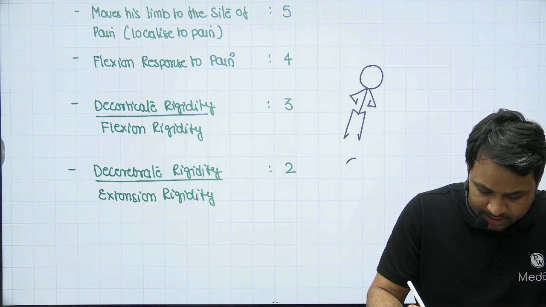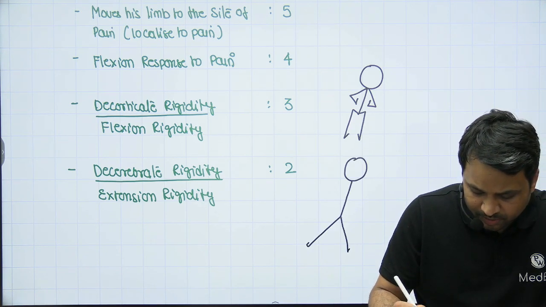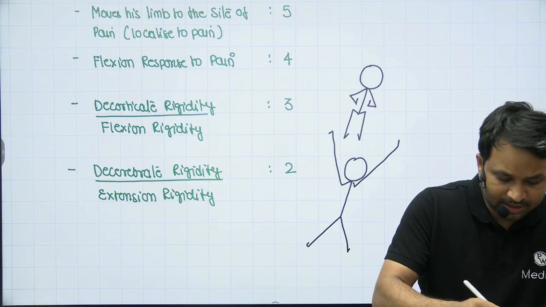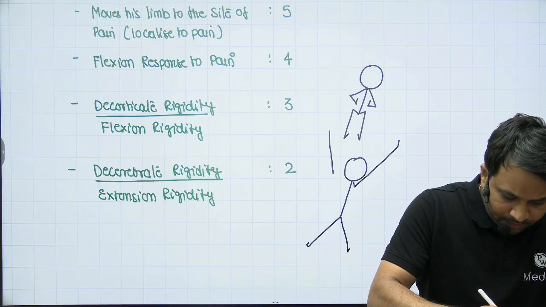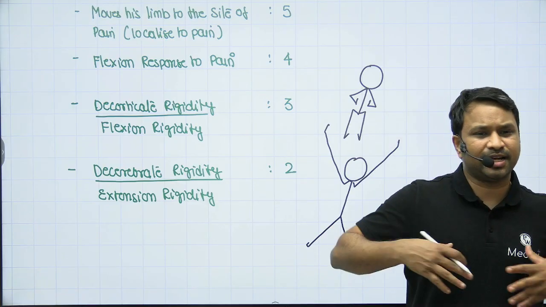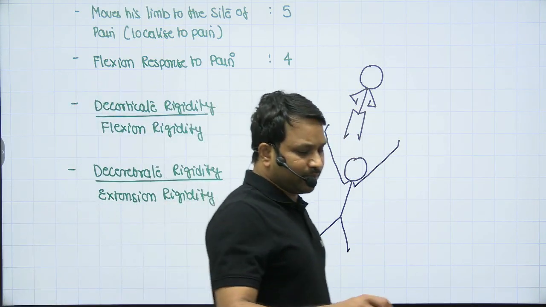And when you see this patient, you will see as if he is free from the world. You will see he is in an extension state. His arms are extended, his legs are extended. So it's an extension state. It is called a decerebrate rigidity.